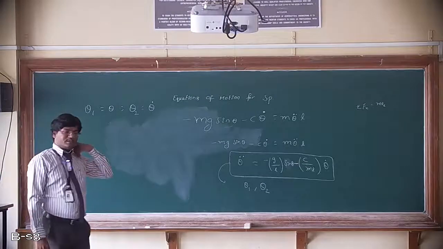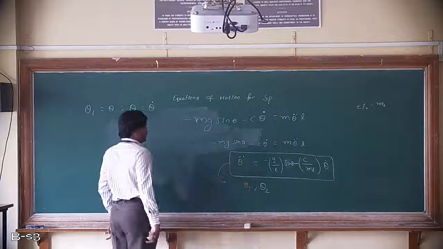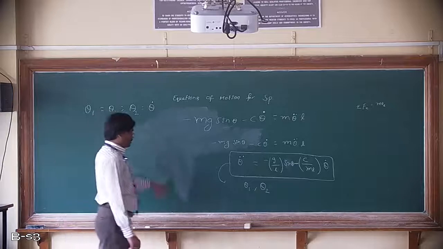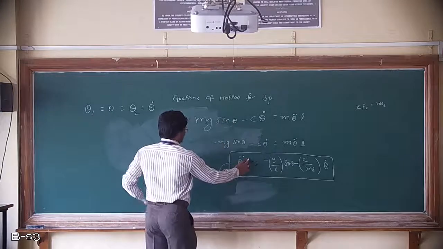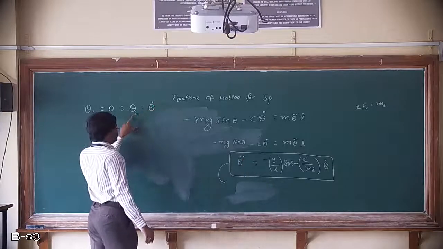If you do this, what will happen? I want to substitute this theta 1, theta 2 in this equation. So theta double dot is nothing but theta 2 dot.